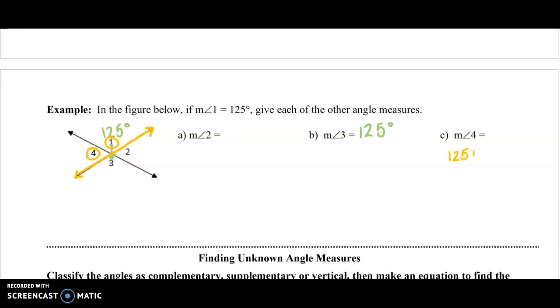So 125 plus, we can say angle 4 is x, would have to be equal to 180 because they are supplementary angles. I can subtract 125 from both sides, so that means x is equal to 55 degrees. So the measure of angle 4 is 55 degrees. If angles 4 and 2 are vertical angles, that means the measure of angle 2 would also have to be 55 degrees. Okay?